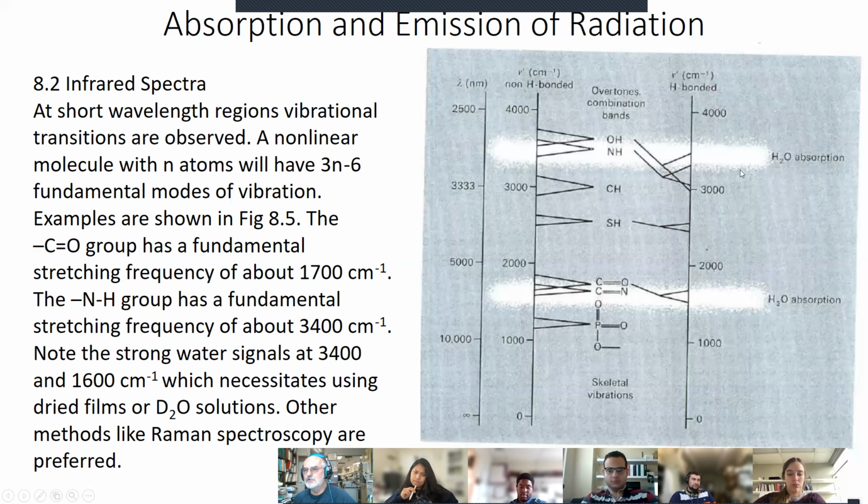This is water. And so water is a big problem in infrared because water actually absorbs in these regions. And so you can see that it interacts with hydroxyls and carbonyls, and it makes it difficult to make the measurements.